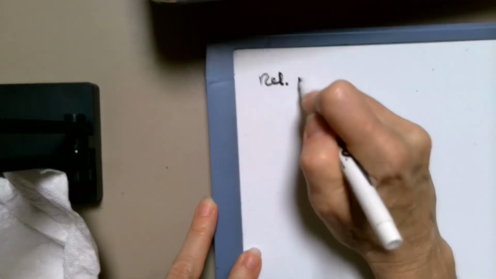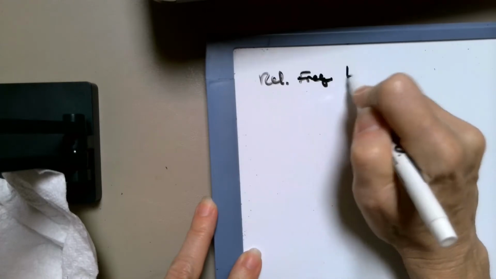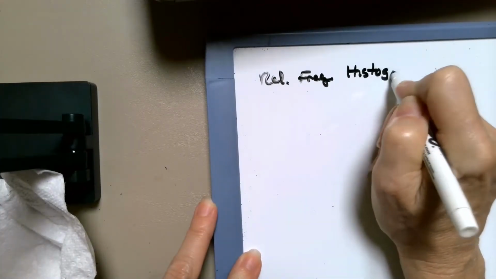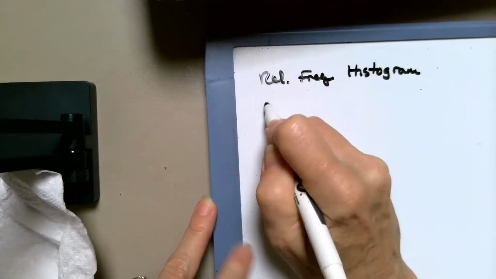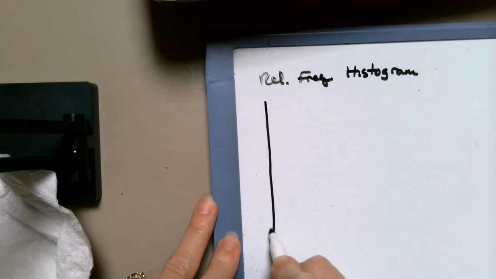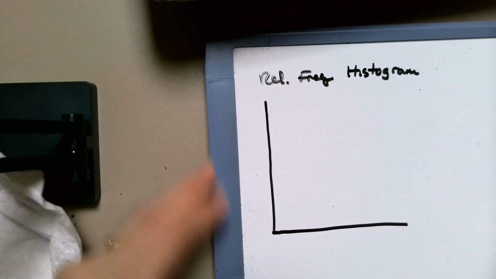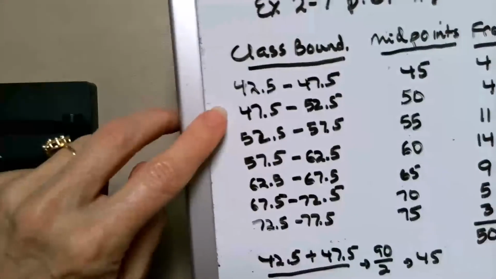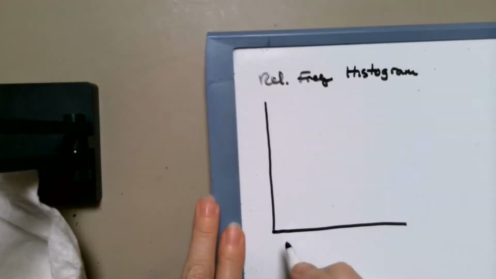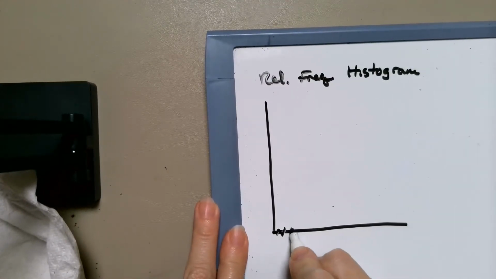So we're going to take this data, we're going to make a relative frequency histogram. Remember, a histogram is a bar graph where the bars are touching. Along the x-axis, we're going to use class boundaries. These class boundaries starting at 42.5 going to 77.5, and I don't start at 0, so I'm going to make a break here.